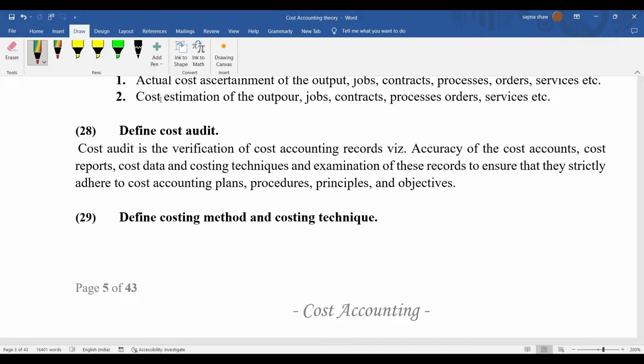Today we will discuss that, and there is one more topic, cost audit. Once we complete this, we will move on to the practical sums.